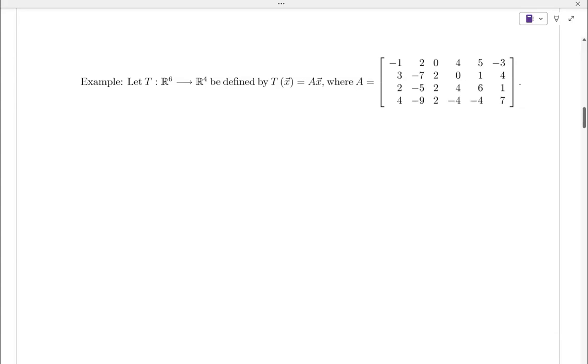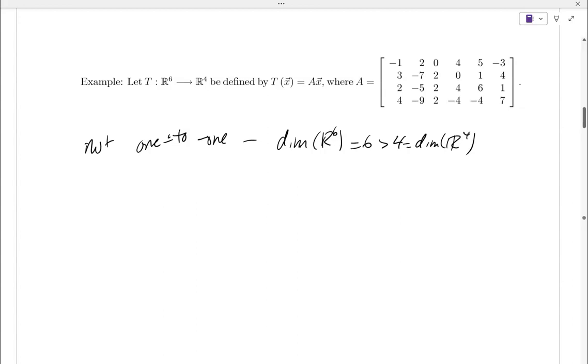So I see some people typing it in for me. There's a couple of reasons that we can say it's not 1 to 1. First one, dimension of R6 is 6, which is certainly bigger than 4, which is the dimension of your output.